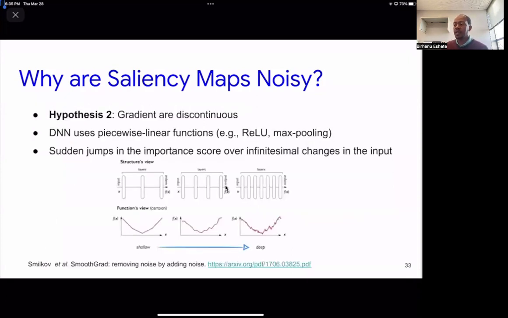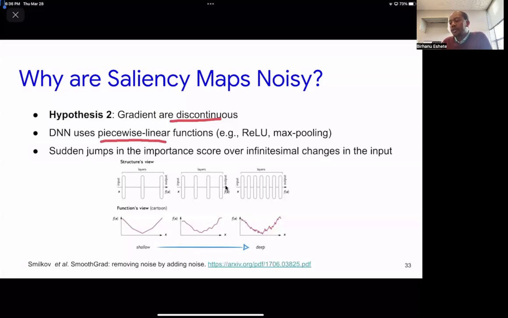The other hypothesis for saliency maps being noisy is the fact that gradients are discontinuous. Gradients are not smooth because deep neural networks use activation functions which are piecewise linear. For example, if you take the ReLU or max pooling functions and zoom in on the middle of these functions, you would see a linear or straight line.